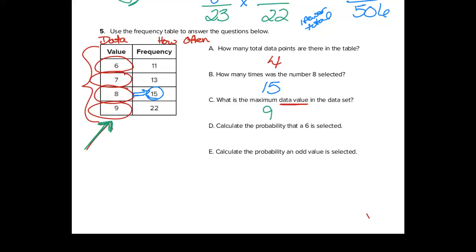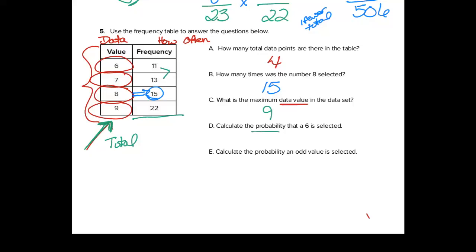Okay, so let's take a look at letter D. Letter D says calculate the probability that a 6 is selected. So from this experiment, that a 6 is selected. For probability, I would need to find the total.